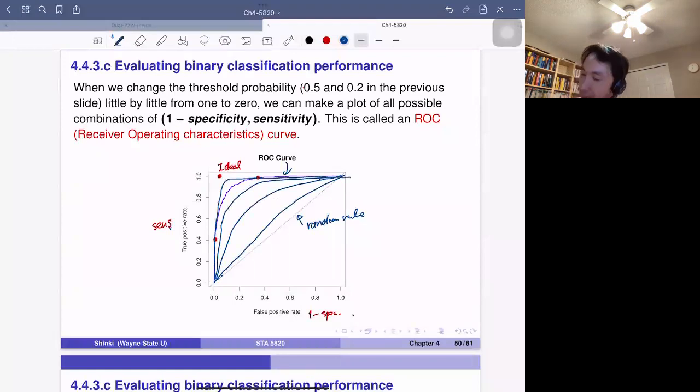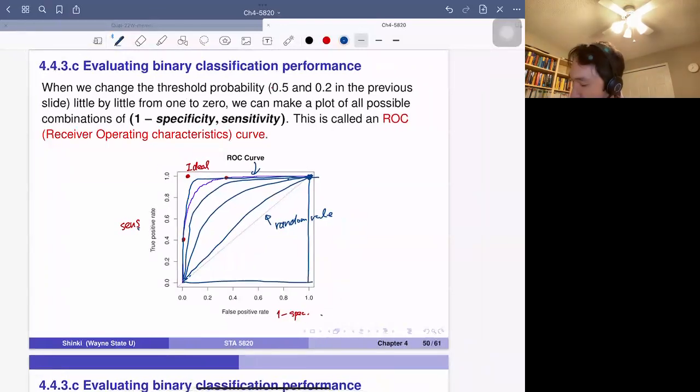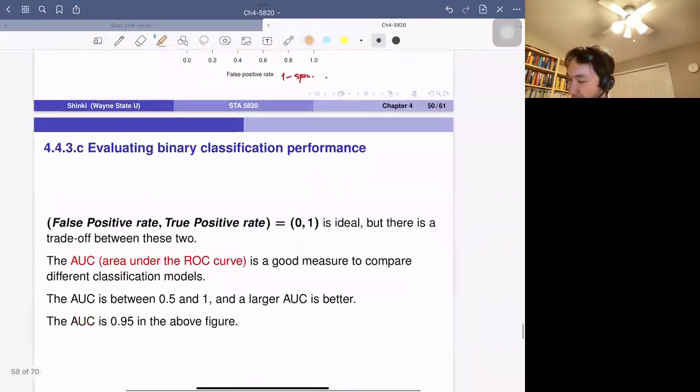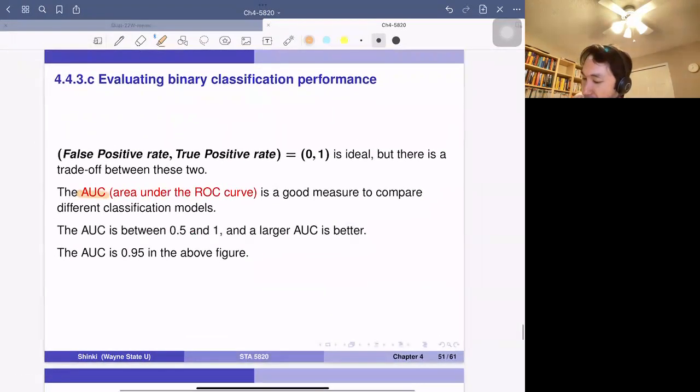Okay. So we can look at the area under the ROC curve, I mean, the area within this 1 by 1 square. Then we can calculate this area in some way. This is called AUC, area under the curve. So AUC is almost always between 0.5 and 1.